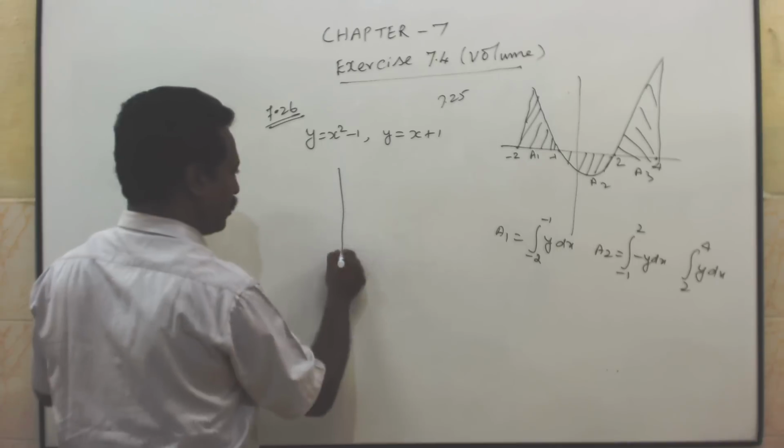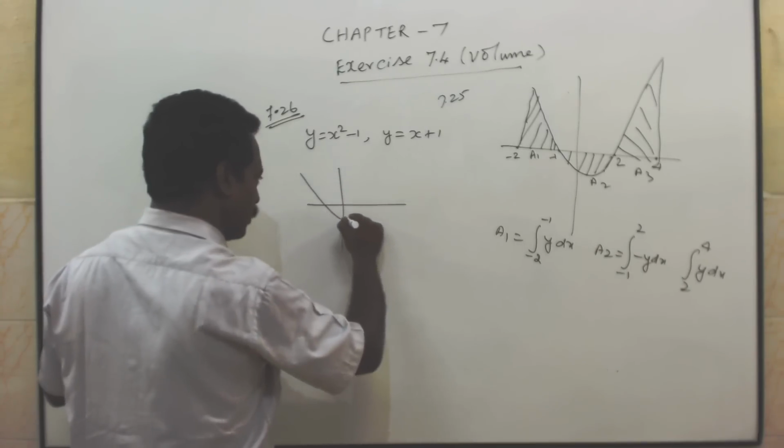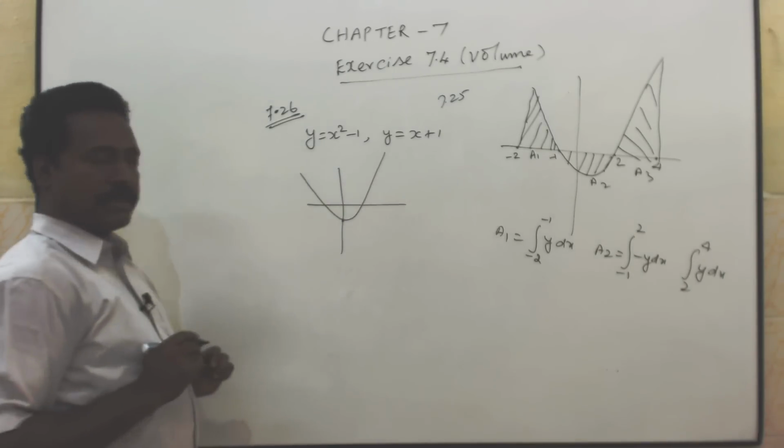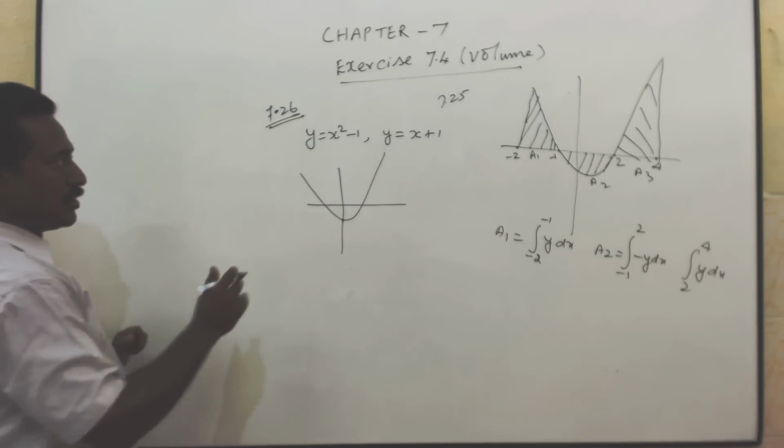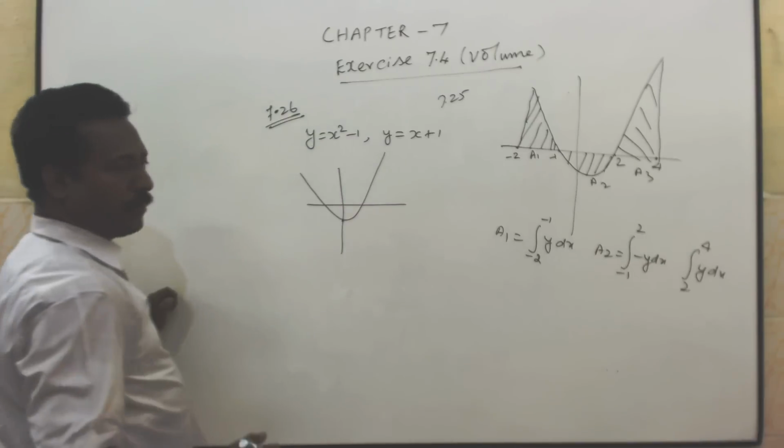Therefore, the parabola starts from y equal to minus 1. It looks like that, an upward parabola. So, first we have to identify where the line intersects the parabola.